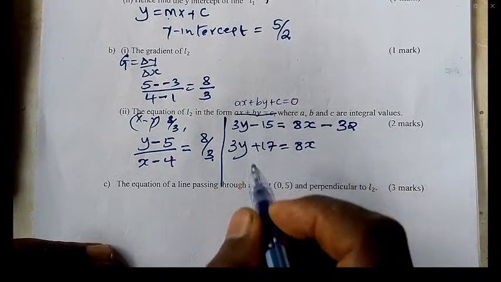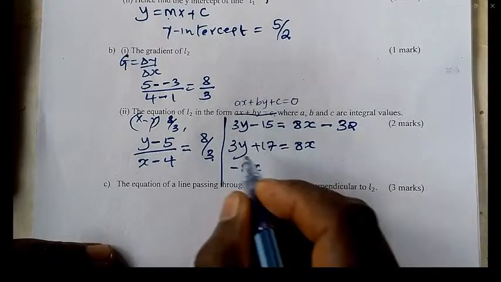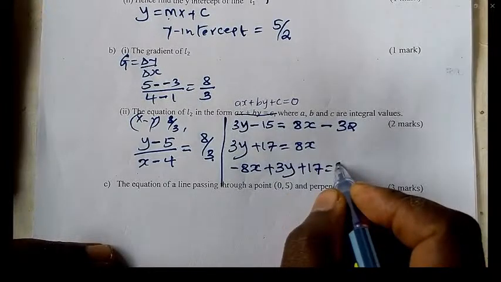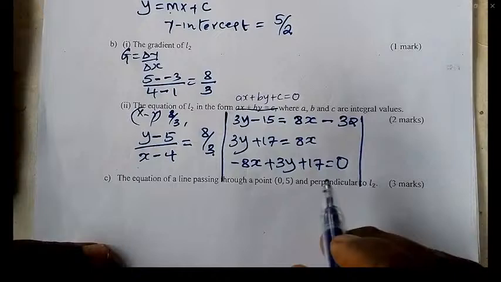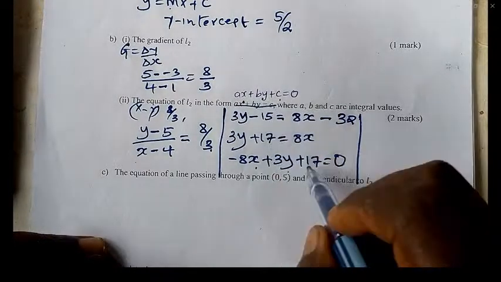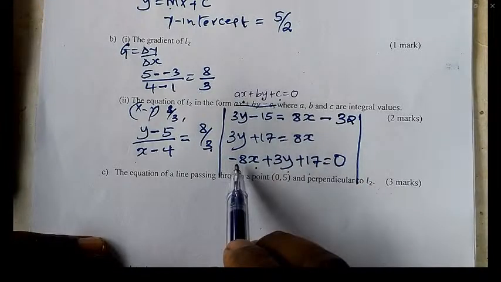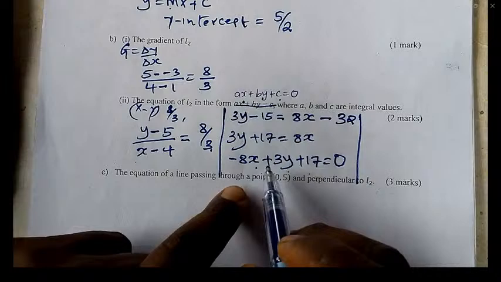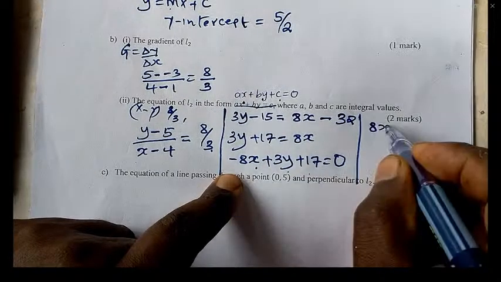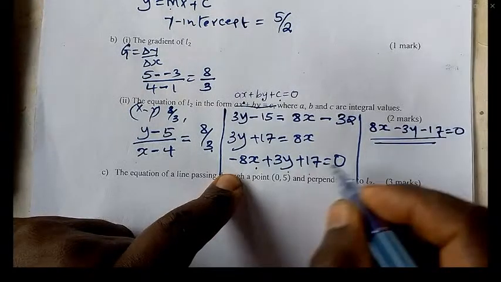Now I want to bring this to this side, so we have negative 8x, and it becomes negative 8x plus 3y plus 17 equal to 0. So we have written this equation in the form we were told: x starts, y follows, c follows, then 0 finishes. If you can't leave this as negative, it is as good as introducing a negative in this equation. We will have negative 8 times negative 1, which gives 8x, equal to 0. Even this and this are still correct.